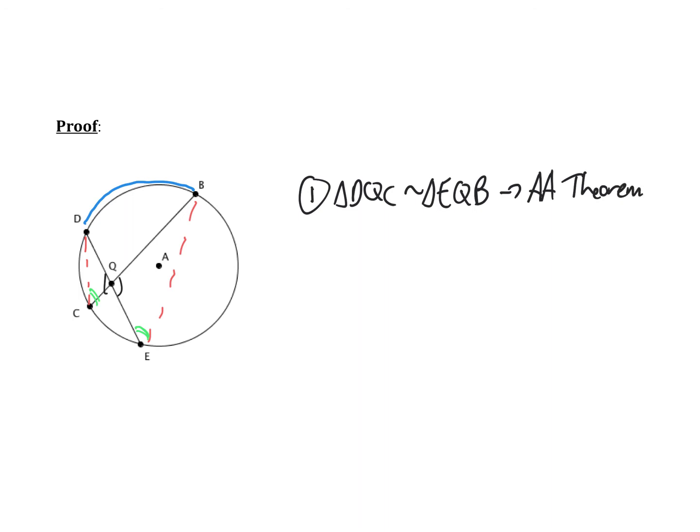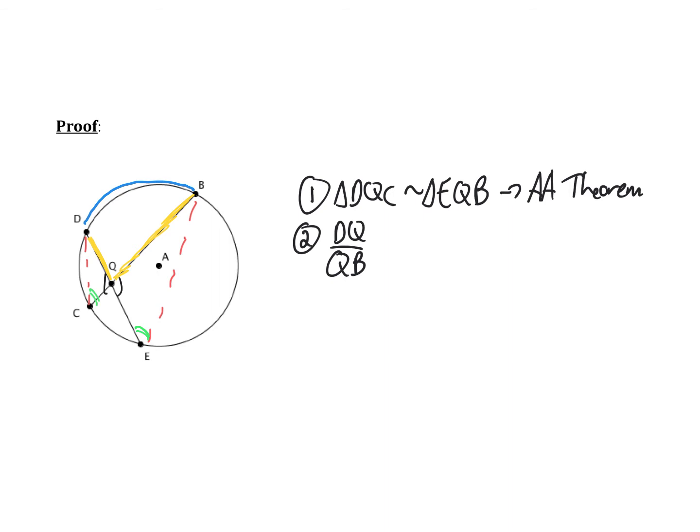Okay. All right, well, if that's true, if you remember your properties of similar triangles, we could then match up corresponding sides and say they're proportional. So I can match up DQ over QB. Let's take a look at what that is. DQ being opposite the 2 dash mark in the smaller triangle over QB being the side opposite the 2 dash mark in the larger triangle.